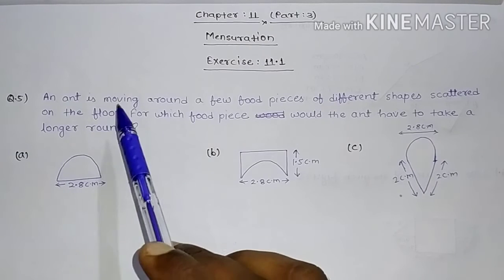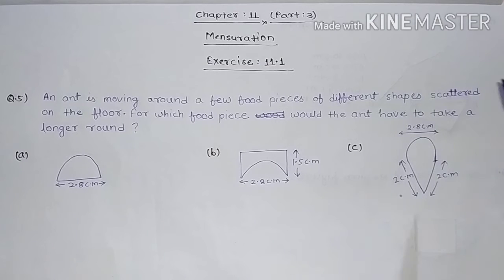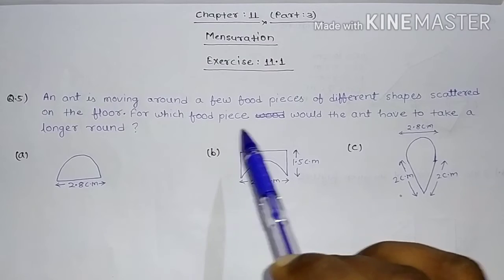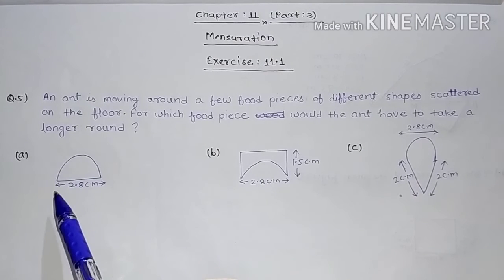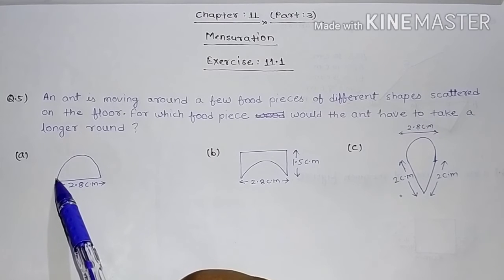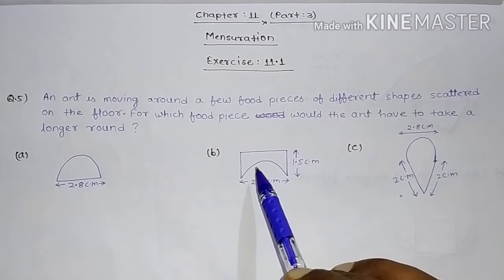An ant is moving around a few food pieces of different shapes scattered on the floor. For which food piece would the ant have to take a longer round? There are some food pieces scattered, and we have to find which has the larger length.